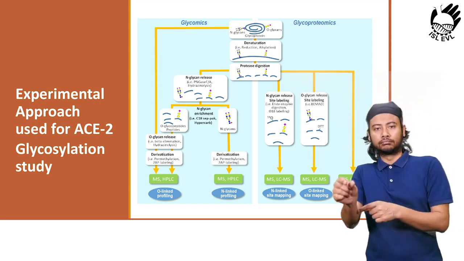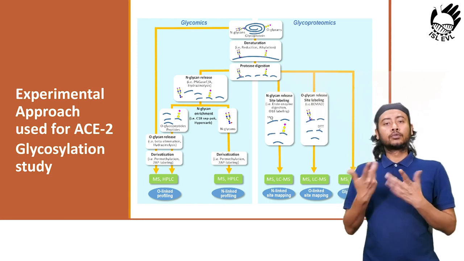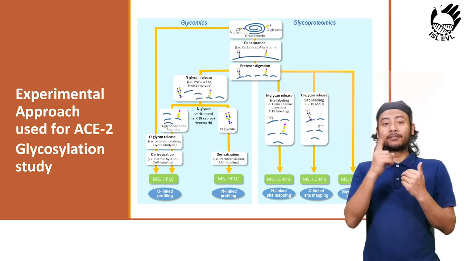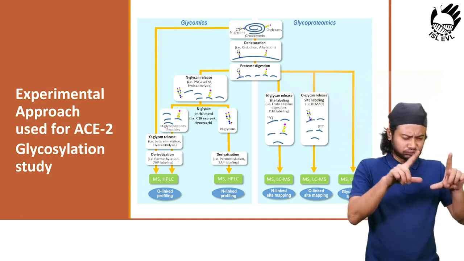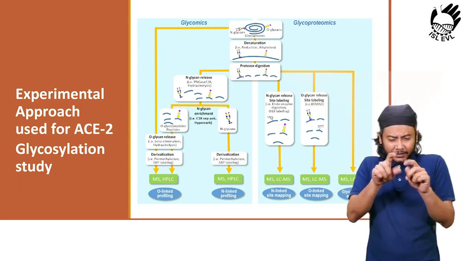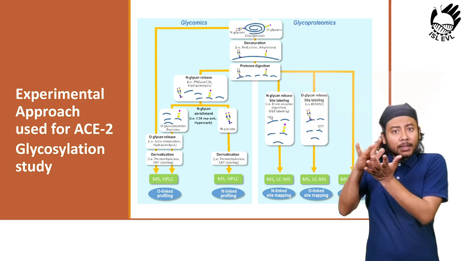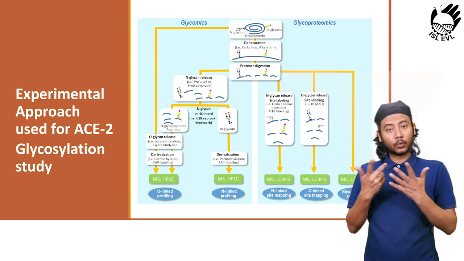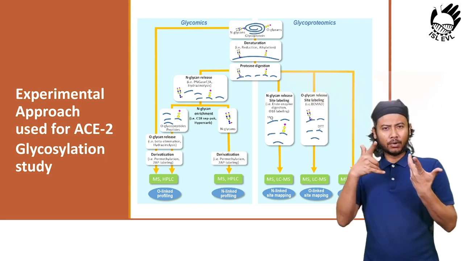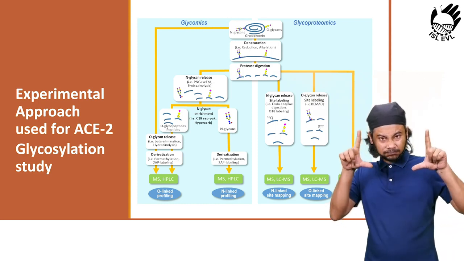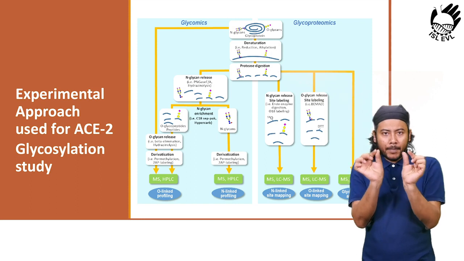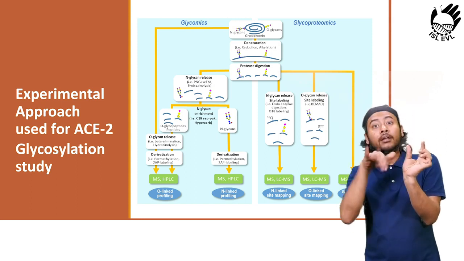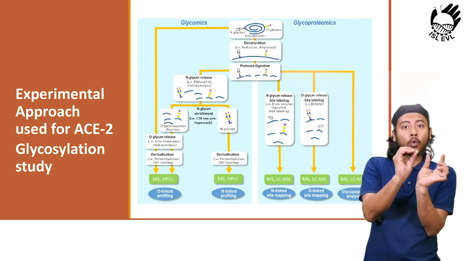In the case of glycoproteomics, as I showed earlier, the proteins or peptides are processed either directly or after processing through specific methods for the determination of their sites. Then these glycopeptides are analyzed by high resolution mass spectrometry, and the glycan structures on the peptides and their sites are determined.